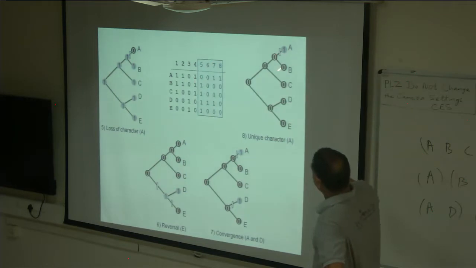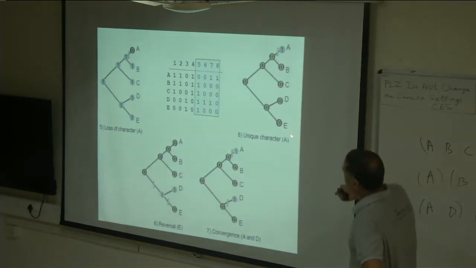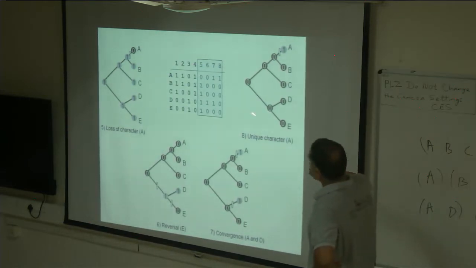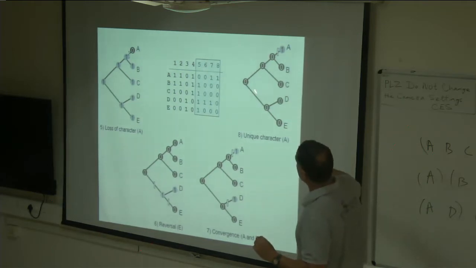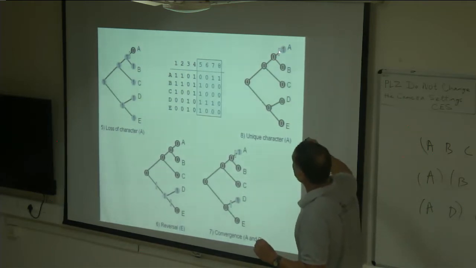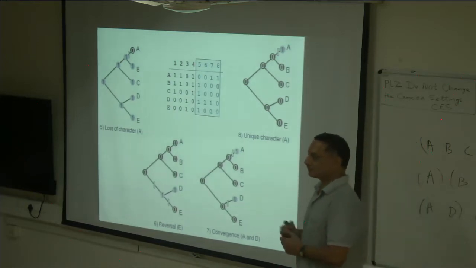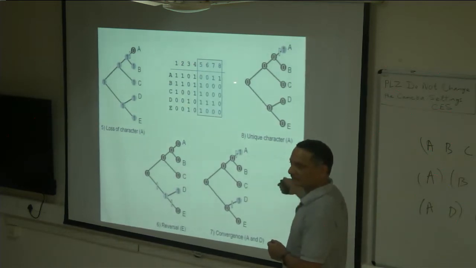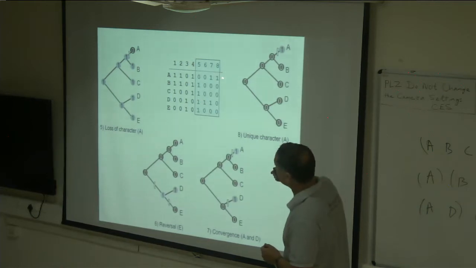Character number 8 is present only in A but absent in all the other species. So the logical, parsimonious reconstruction would be that all these internal nodes are 0 and this character was acquired on the lineage leading to A. Now these two are quite similar, right? Because even here only one taxon has the character, just like here.